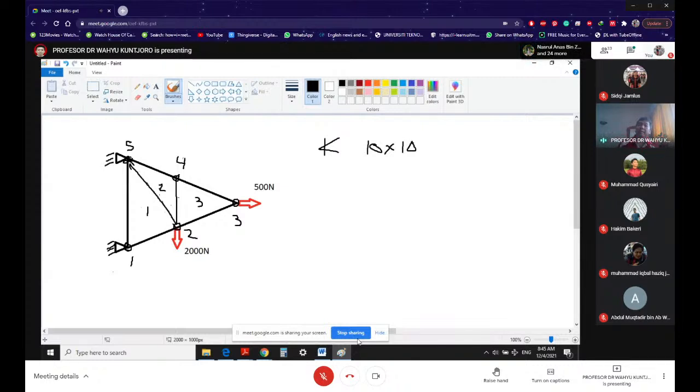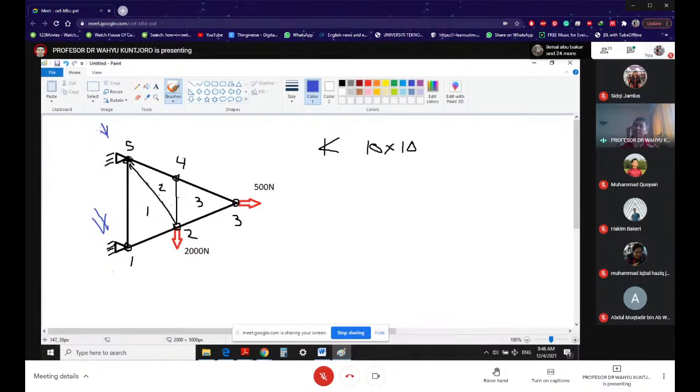What about after I introduce the boundary condition? So you see here, we have 2 supports, this support and that support. Okay? And you understand that for every support, because it's a pin joint, it will have 2 displacements in X and Y. So at node number 1, you have D1X, D1Y. At node number 5, you have D5X, D5Y.